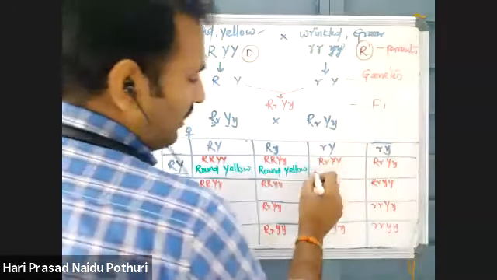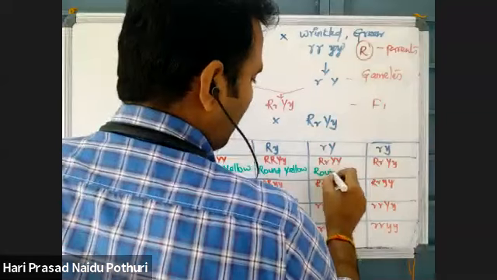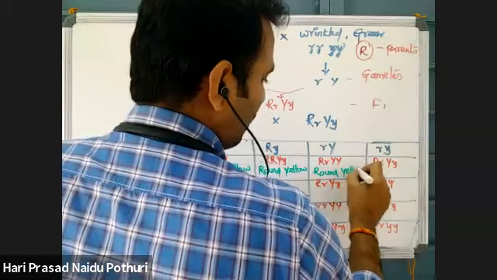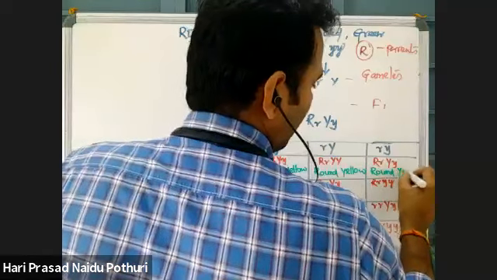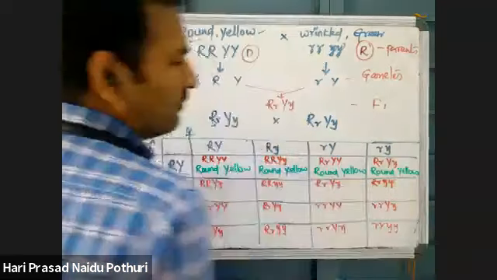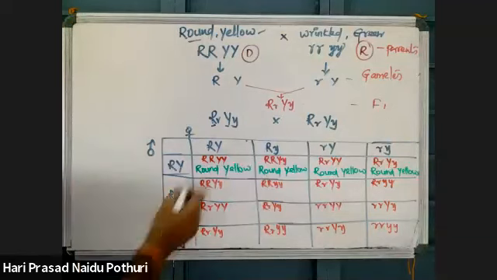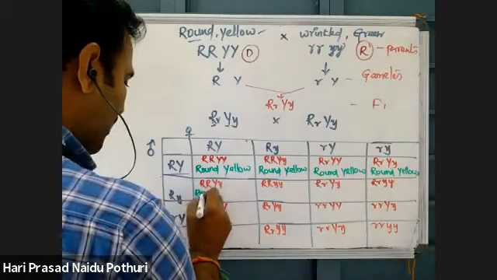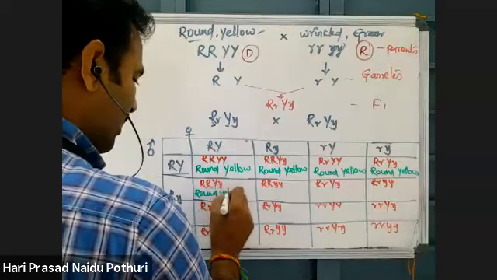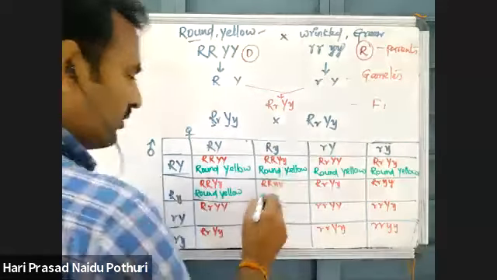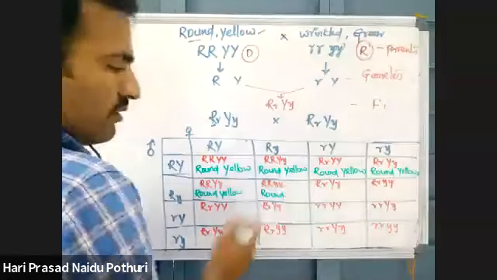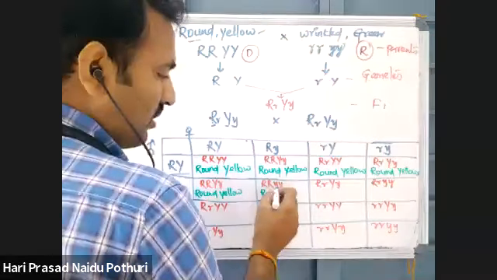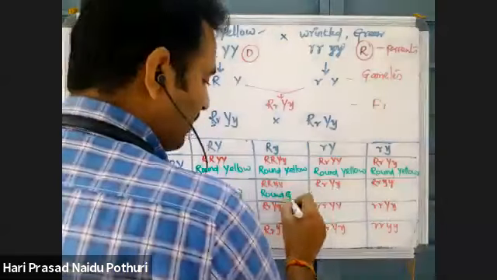One dominant allele is there. Round yellow. This also round yellow. This one round yellow. This one here capital R is there. So round, but color both are recessive means green color will come.